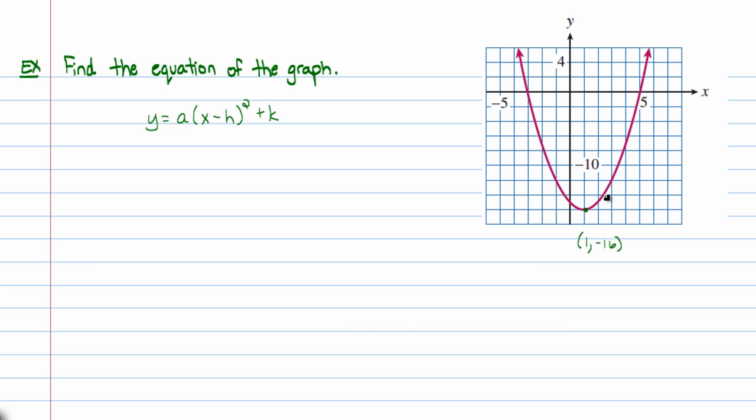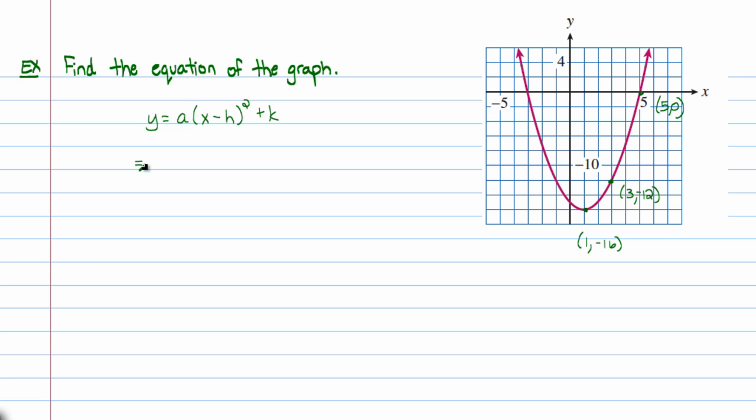Now there's several places where there's another point. For example, this one looks like it crosses the grids right there. That's at x equals 3, y equals negative 12. Or I could choose this one right here. That's at x equals 5, y equals 0. That actually looks like a better point, to be honest with you. So let's go ahead and at least plug in the vertex here.